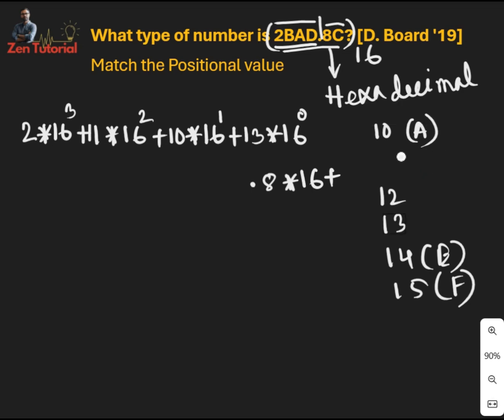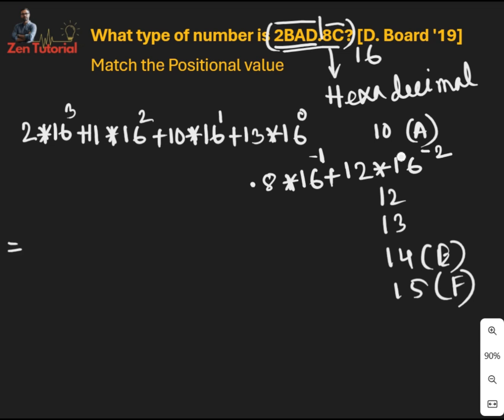So C represents 12, right? 12 times 16. So this is the MSB, so minus 1. Now this is minus 2.